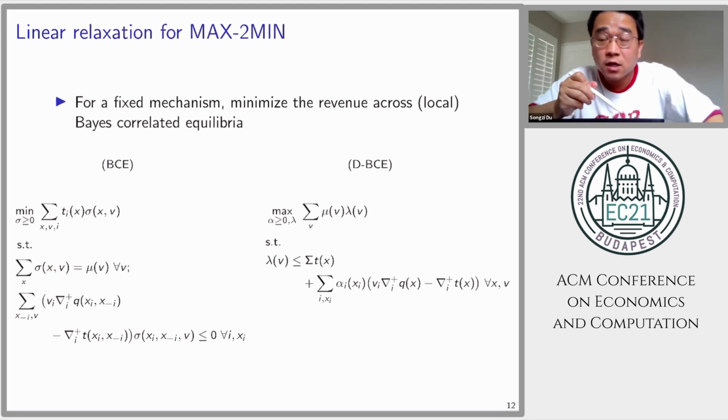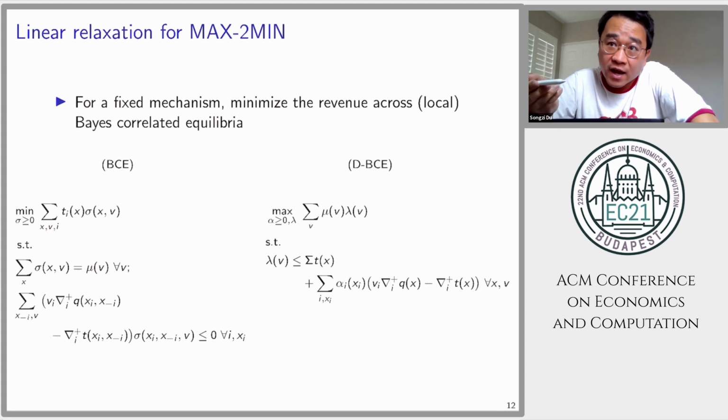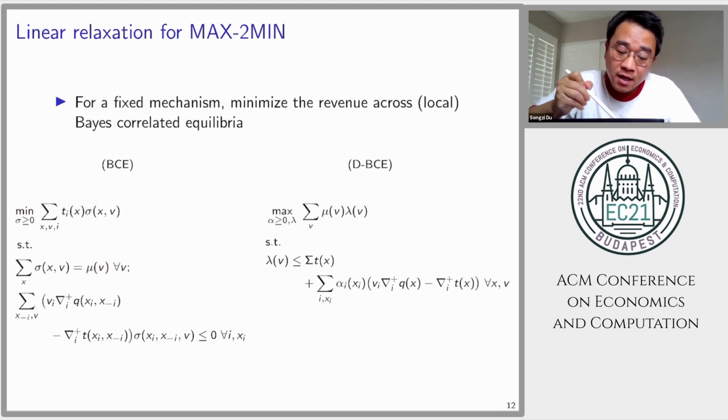Recall that a Bayes correlated equilibrium is a distribution over the action and the state. The state here is the value profile, and the action is X. So a BCE is a distribution sigma whose marginal agrees with mu, the prior distribution of the seller. And then this is an incentive constraint, except I'm just looking at the local incentive constraint.